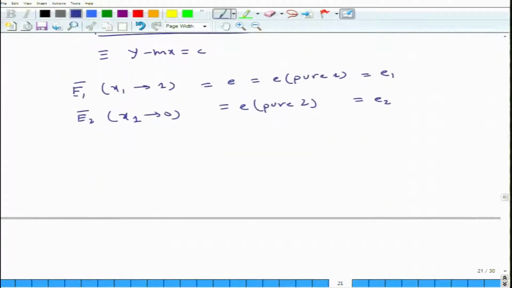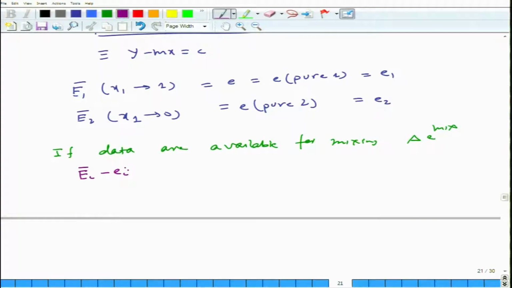So, if data are available for mixing, that means delta E mix is available, then in that case what we are able to evaluate is E1 bar minus E1, which we should be able to get from the experimental data.